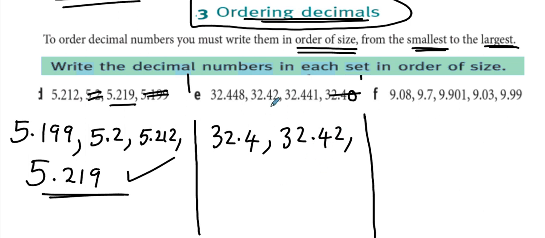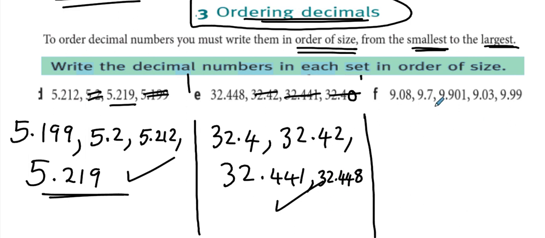Then next, this number is taken. Then we have 32.441 and 32.448. So 32.441 will be the next. So this is taken. Then we go for 32.448. Yeah, cool. So this is correct.